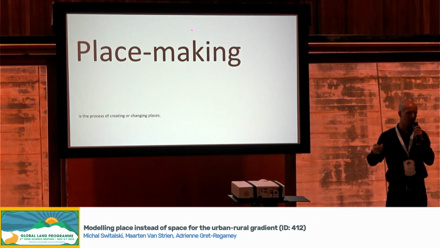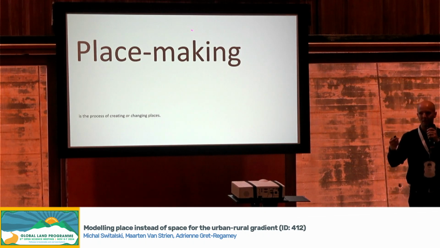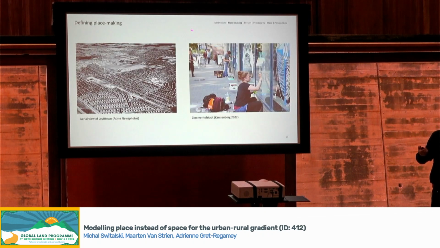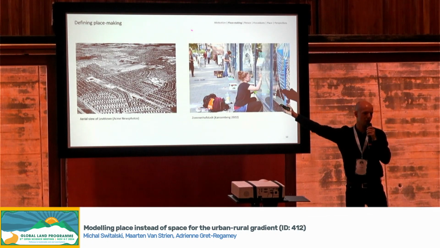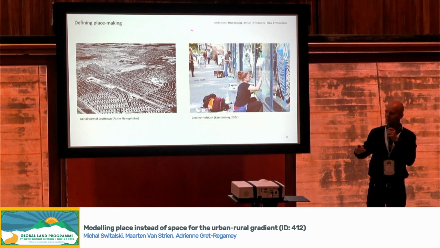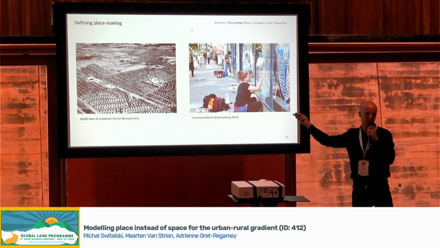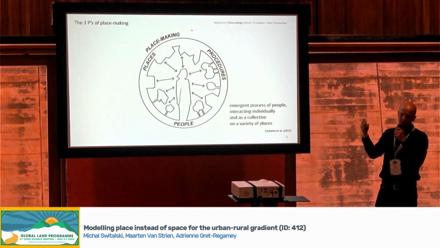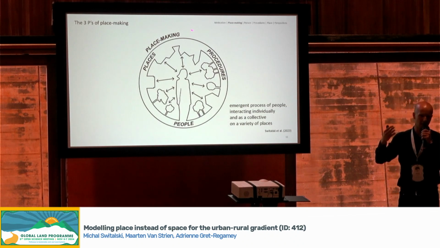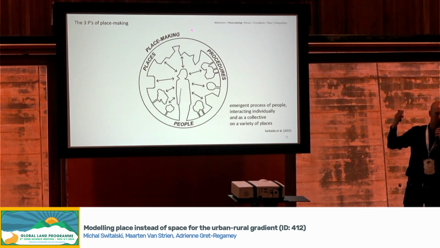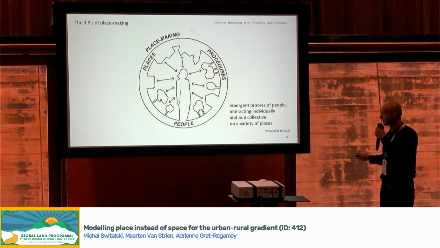So place making is the process behind generating or changing places. This includes large sweeping changes, such as land use change that we are all aware of, as well as more localized initiatives. We can understand placemaking as an emergent process of people interacting individually as well as collectively through procedures and acting on a variety of places.